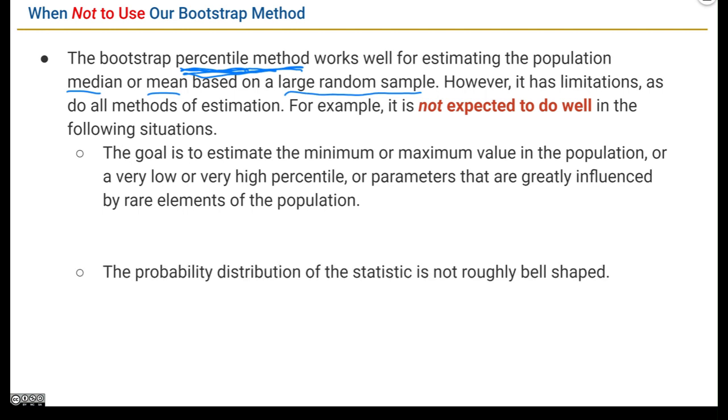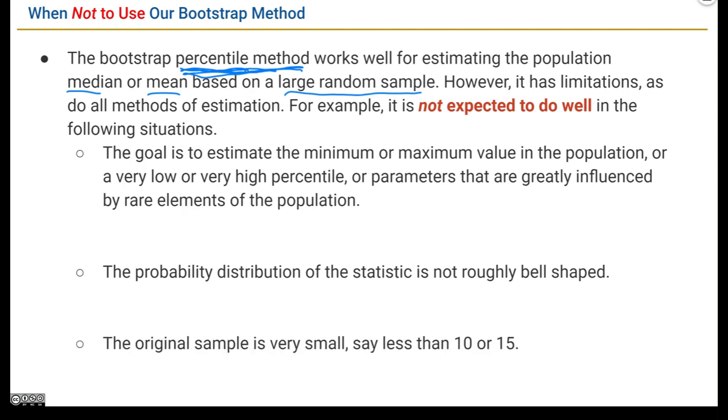If my probability distribution of my statistic is not roughly bell-shaped, this percentile method isn't great. There's other ways you can create a confidence interval if you have more of a skewed distribution of a statistic, but doing the percentiles to get the lower and upper bound won't be the way to do it.